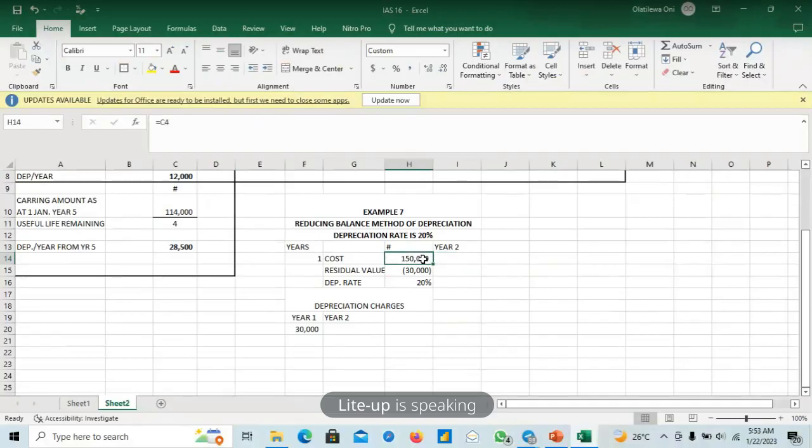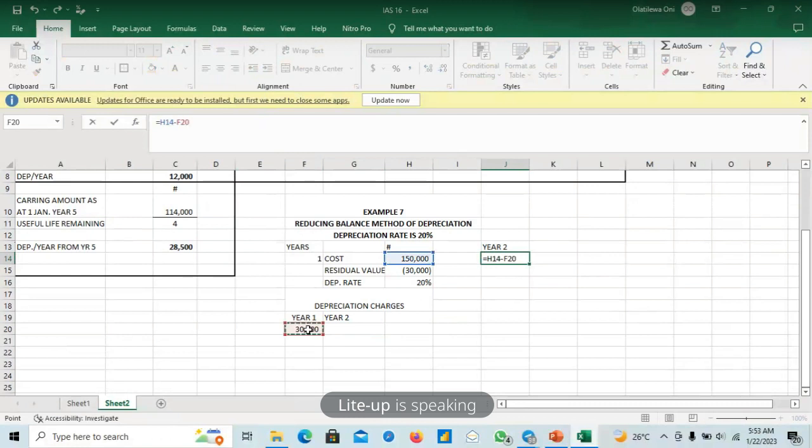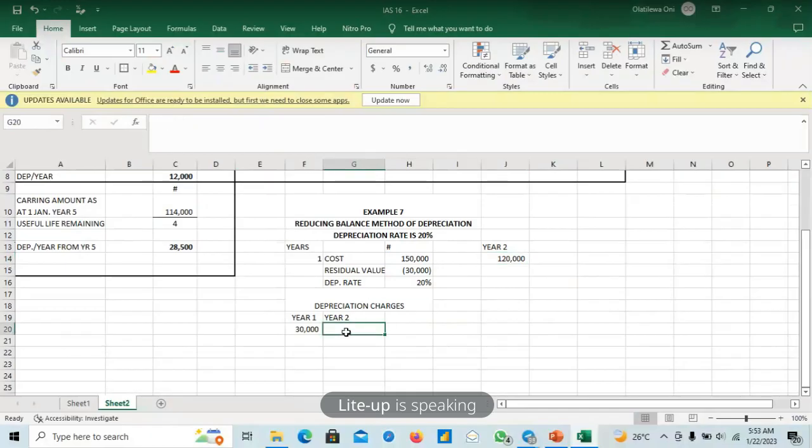Initially in year one, it was the cost of 150,000, but in year two the opening balance is the cost of the asset minus depreciation for year one, which is accumulated depreciation. So that's 120. If we are charging depreciation for year two, we just take this 120 times the depreciation rate. That's how it is computed.